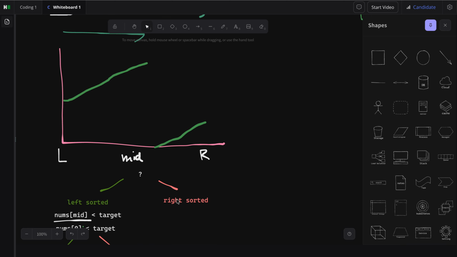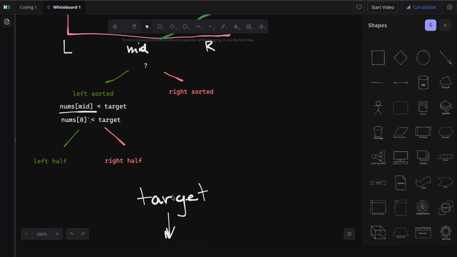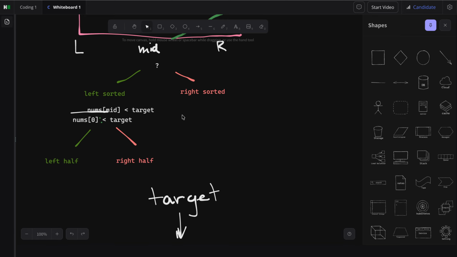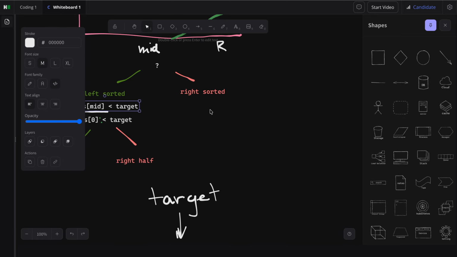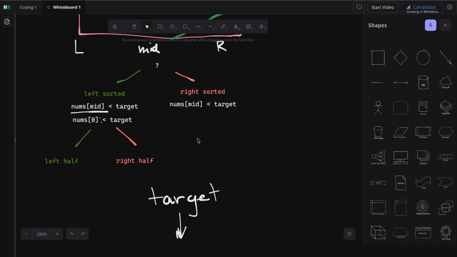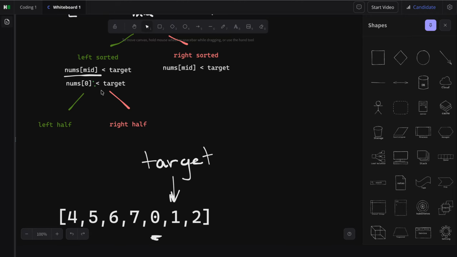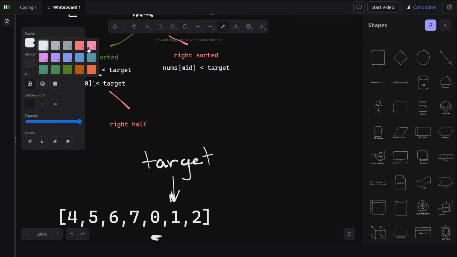We know this is sorted. If nums mid is greater than target, whoops, then we can stay in the right sorted, pretty sure, right?